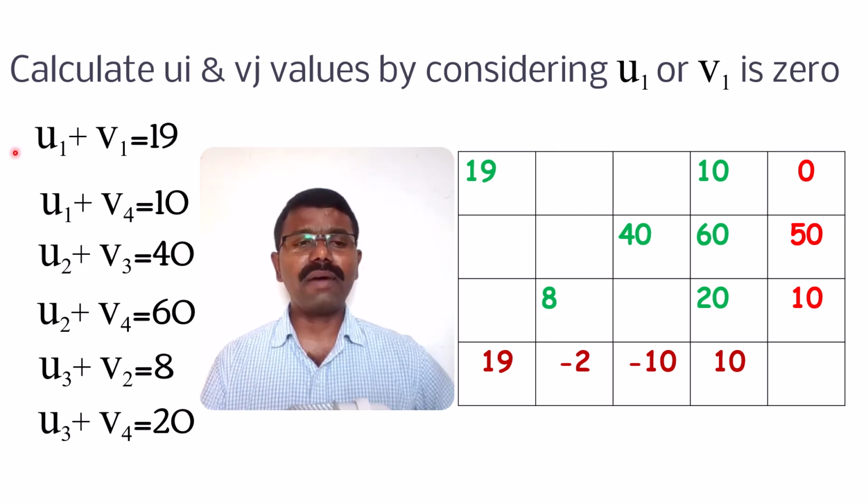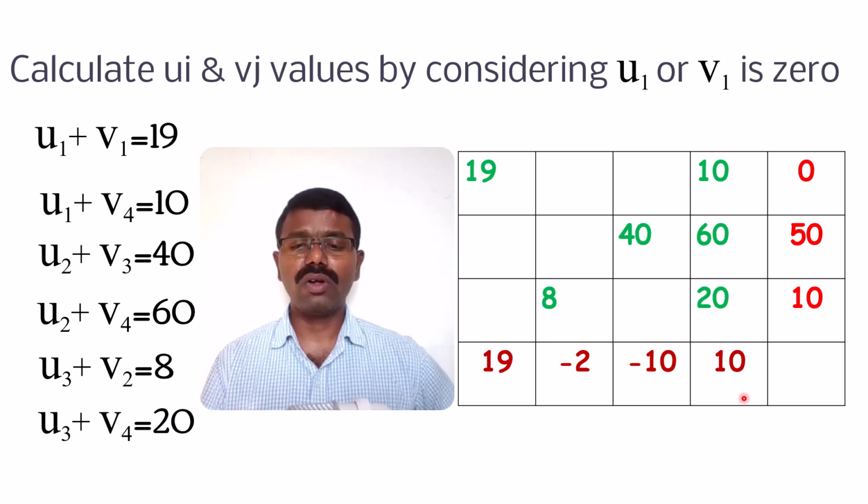Now I am considering that u1 is equal to 0. If u1 is equal to 0, the v1 value will become 90. So here this is u1, which I am considering as 0, then the v1 value will become 90. Then once you get the v1 value and u1 is 0 here, again for u1 value 0, the v4 value you will get is 10.